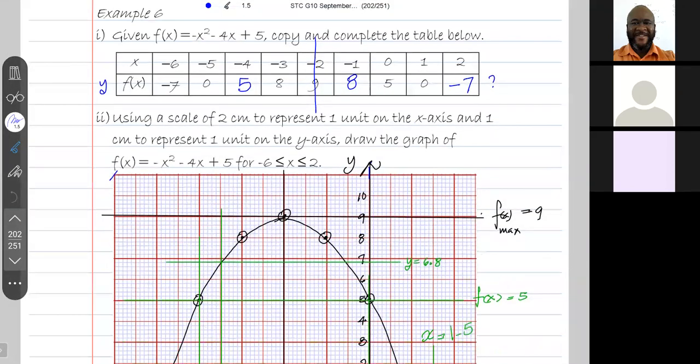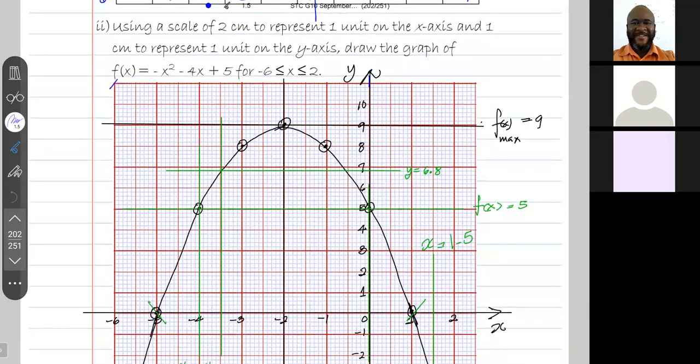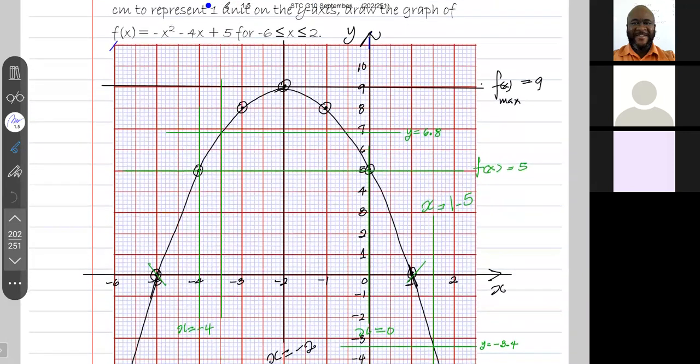So this is the line f of x is equal to 5. We already drew it, but I'm just going to go over it in blue.